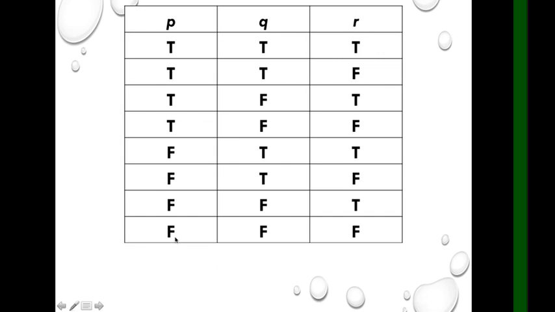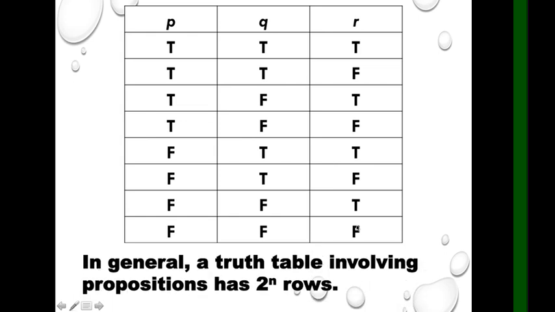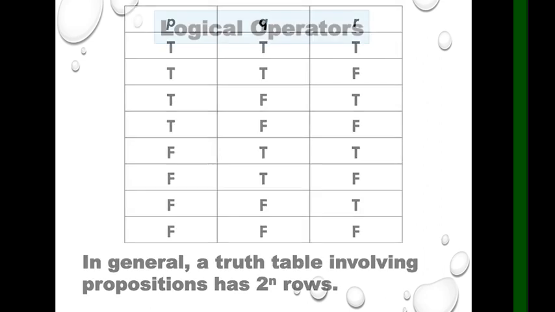Next, the answer is 4, right? Divided by 2, so we have 2 true, 2 false, 2 true, and 2 false. And finally, for the R, our answer is 2 divided by 2, which is 1. So we have TF, TF, TF, and TF. In general, a truth table involving propositions has 2 raised to n rows, and n represents the number of declarative sentences or propositions.